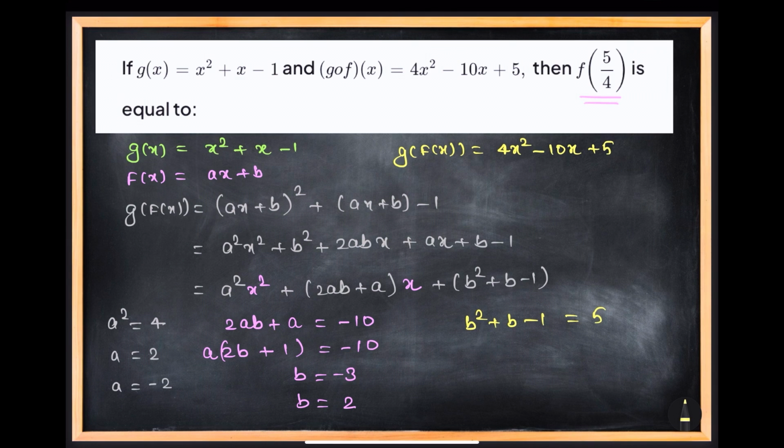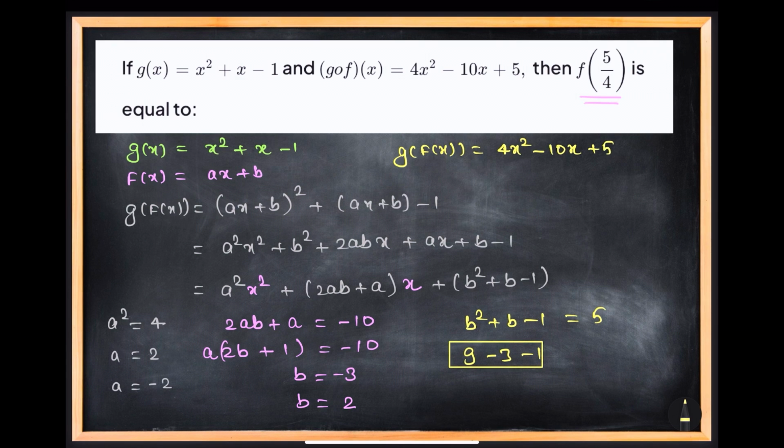So look at this. For what value of b will we get the result 5? We have to check. So substitute b as minus 3. Minus 3 square is 9, minus 3, minus 1. So in this case we got 5, right?